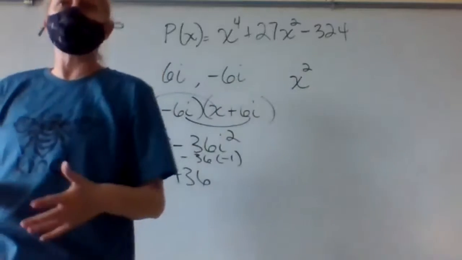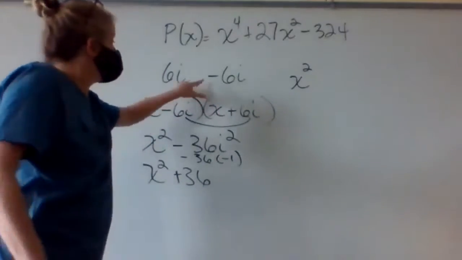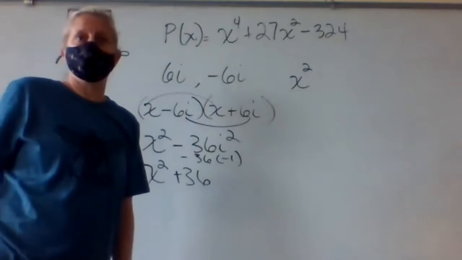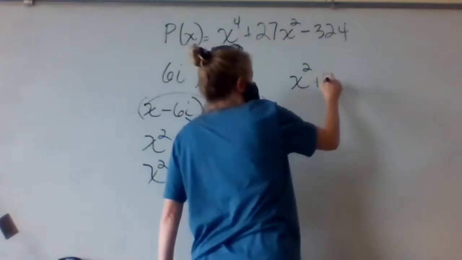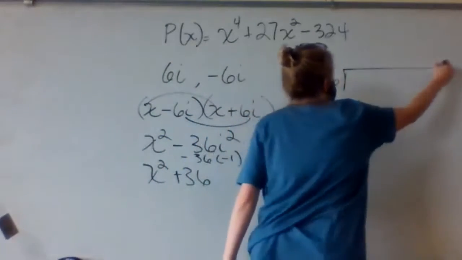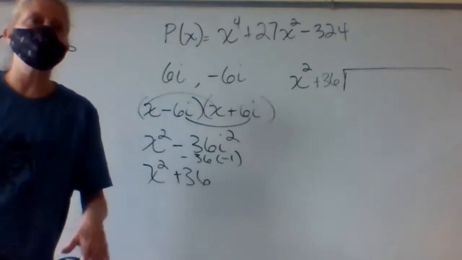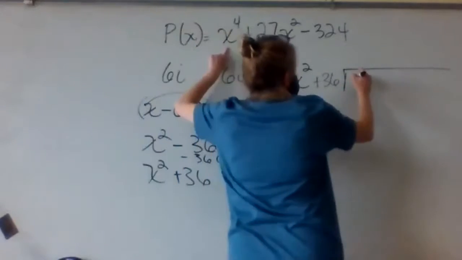It's a weird situation, but I know it goes in there evenly because it came from two of the zeros of that function. So I'm going to have x squared plus 36, and I'm going to divide that using regular long division into here.